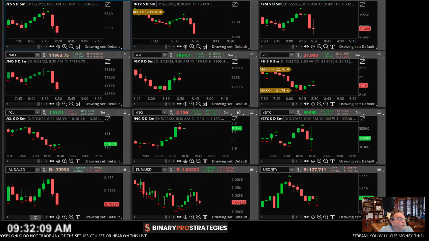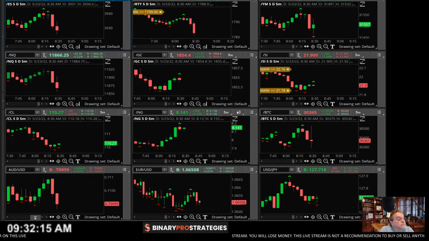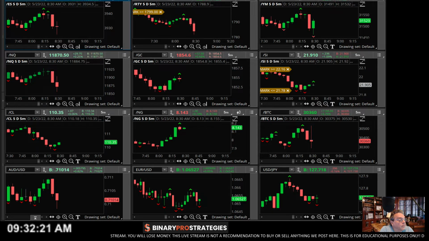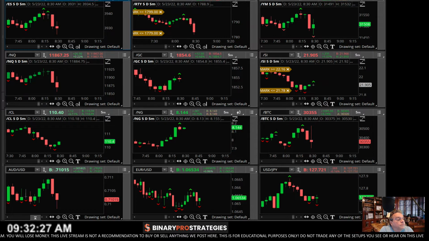Target on that RTY is going to bring us down to 1779. If we need the reversal, it is going to be 1794.